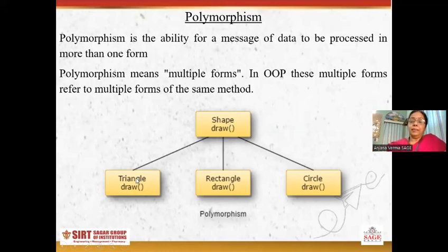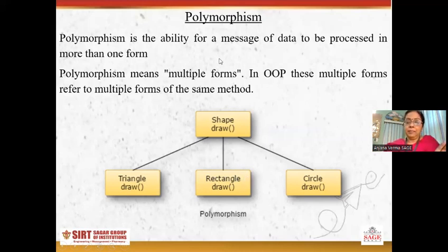If you draw a triangle, you have to input length and half of the triangle angle like this. If you want to draw a rectangle, then you have to input length and breadth. If you want to draw a circle, you have to input radius. Means with one property, you can draw different things. You can see different forms with the help of different inputs.